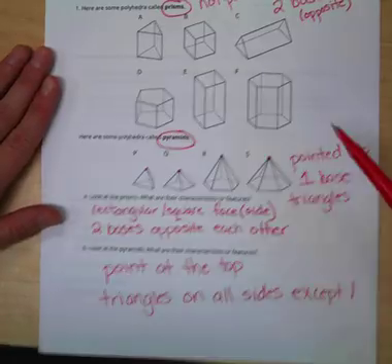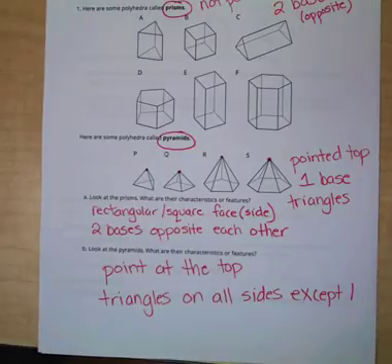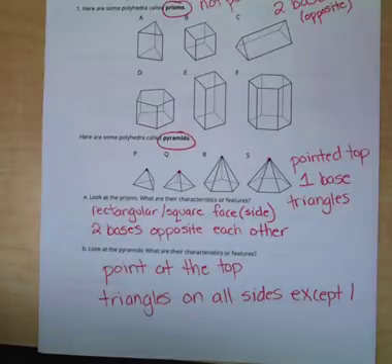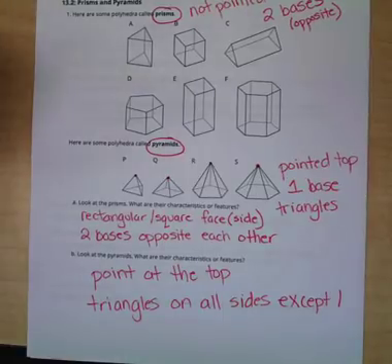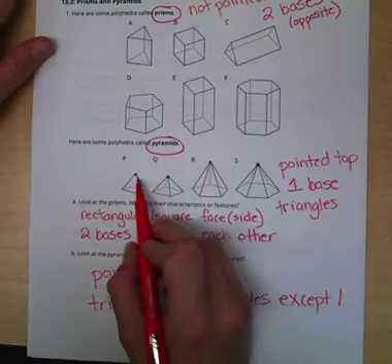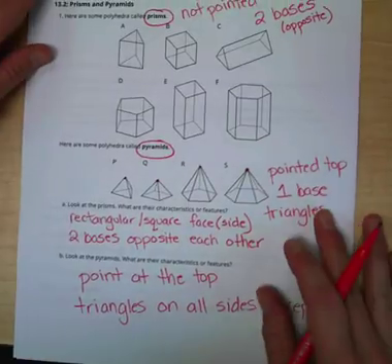Okay. So prisms and pyramids, those are going to be really important as we go forward, as far as you guys should be able to distinguish between the two and how they are different. If I give you one, hopefully you can tell me if it's a pyramid or it's a prism. Okay. If it comes to a point at the top, it's a pyramid. If it doesn't, then it's a prism. If it's a 3D shape.